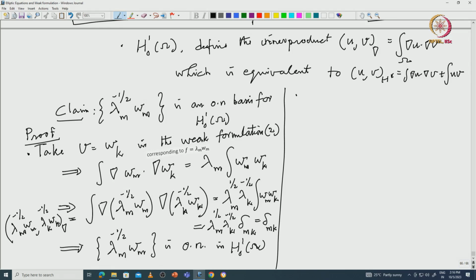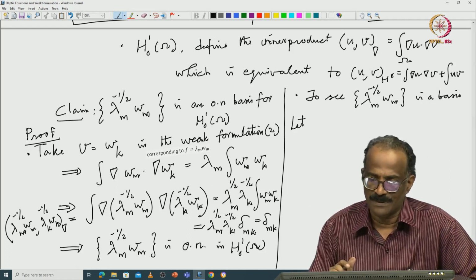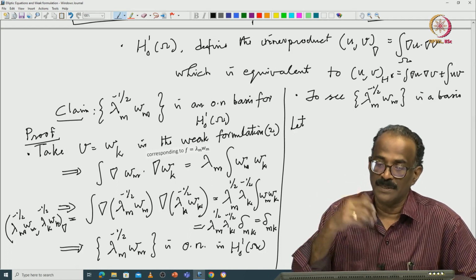The second part, to see it is a basis, to see lambda m power minus half Wm is a basis, we use the kind of trick which you will see again. So this is what normally you do, right. You have to prove that it has no other independent vector with respect to that inner product.